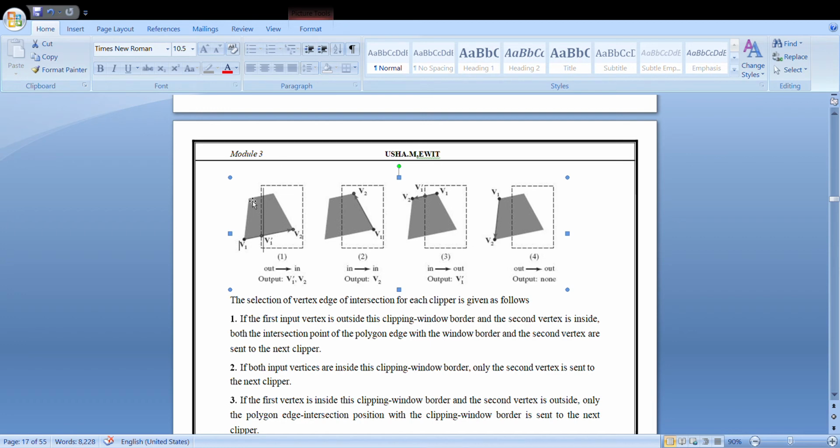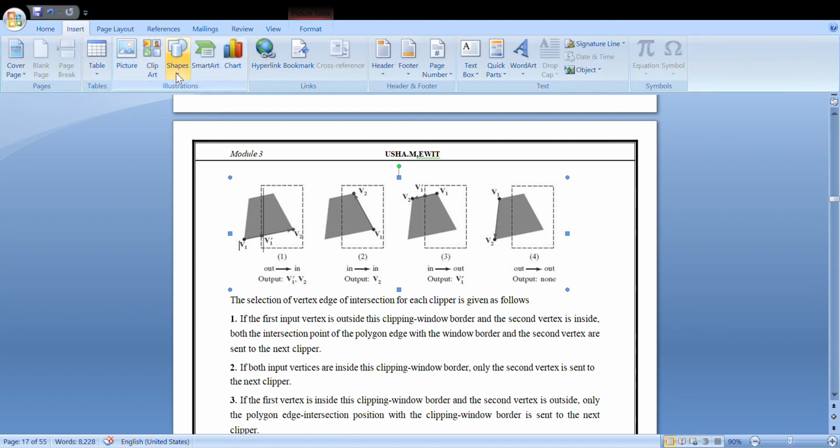And now here if you are assuming the top line, they have not named anything here. So if you are taking this top line and trying to consider, the polygon is moving in this way. I'll just draw and I'll show you.